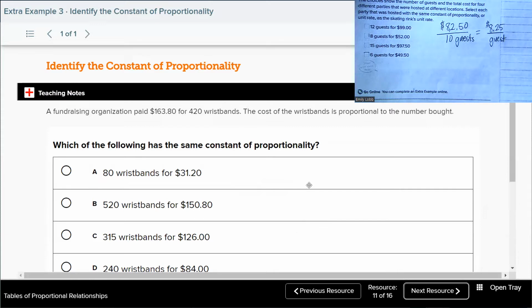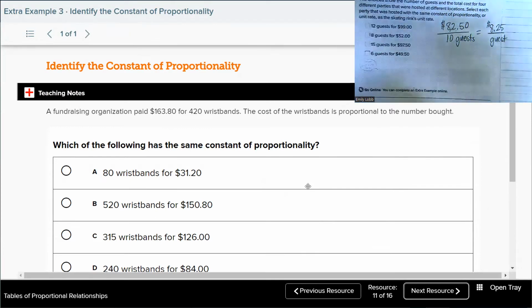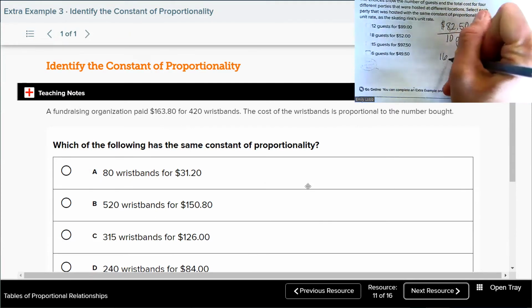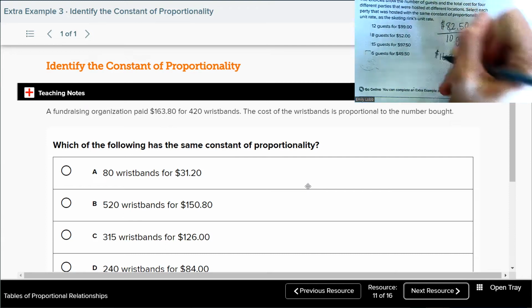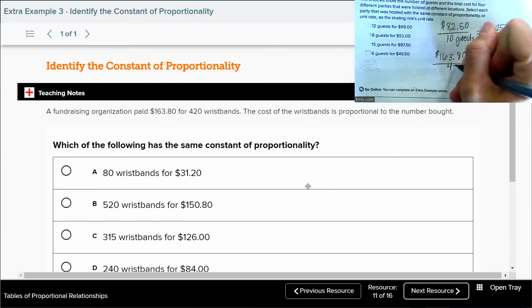So let's figure out how much it is for each one. In order to find our unit price, we're going to take our price, 163.8, divided by 420 bands.